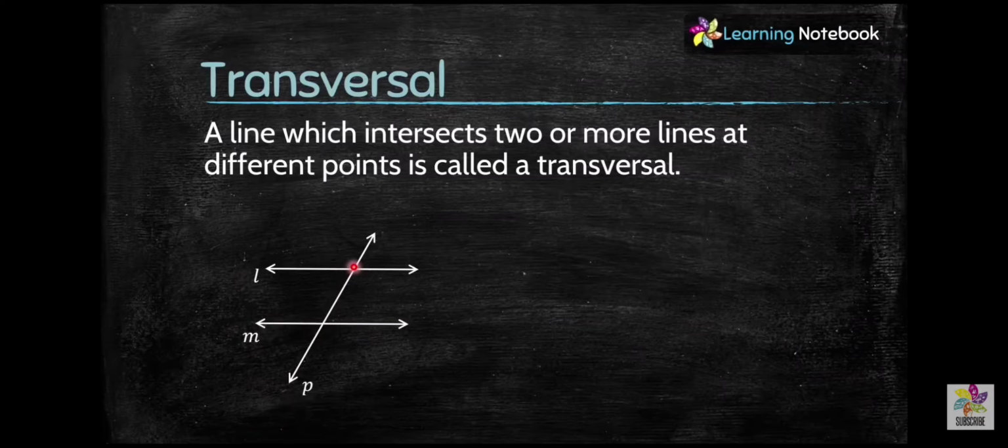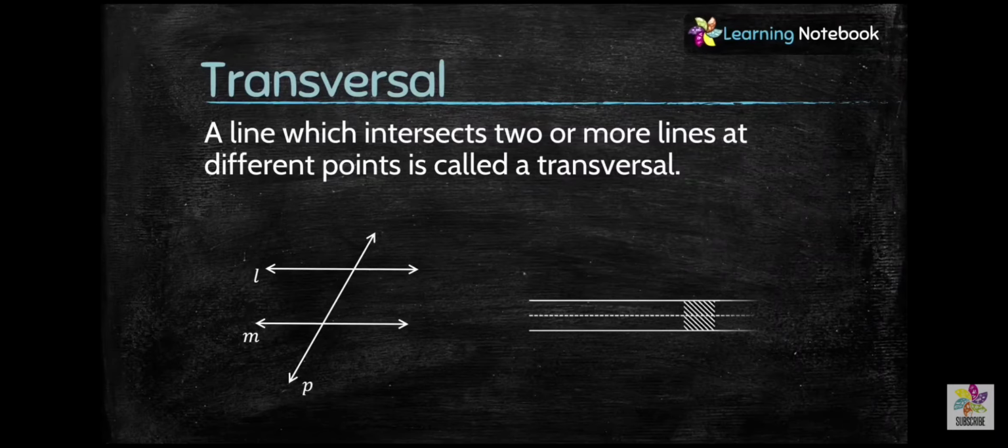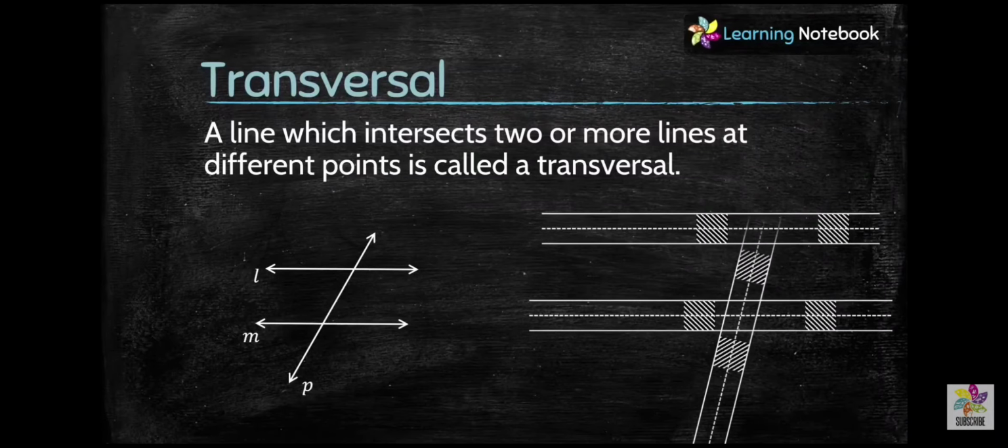Therefore, line P is a transversal. Now, can you think of any real-life example of a transversal? Yes, the roads. The roads which cross each other, as shown here, are a real-life example of a transversal.